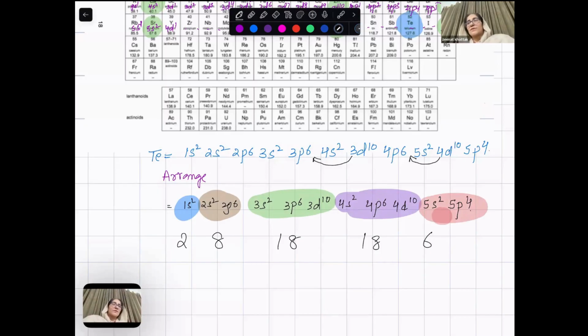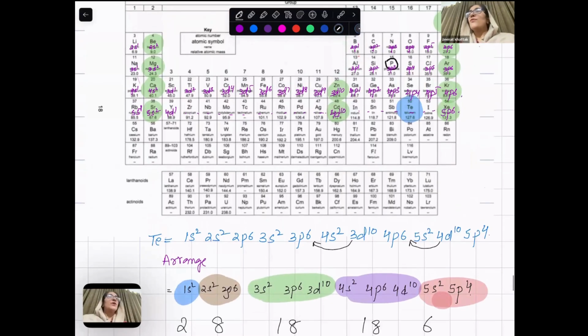This is the configuration. What is the shorthand? Which group 0 element is before tellurium? After tellurium is xenon. Before tellurium is krypton. So you are supposed to write krypton.